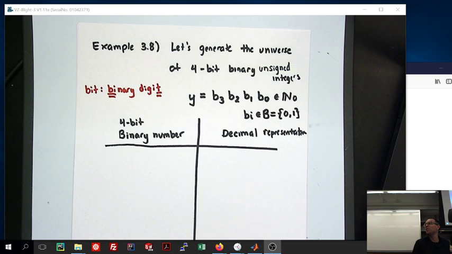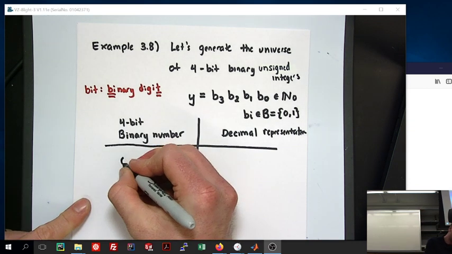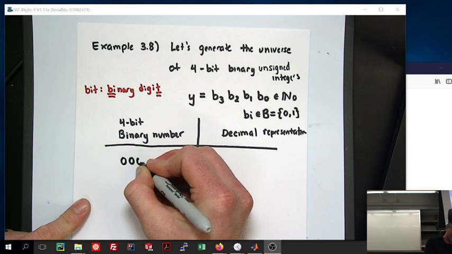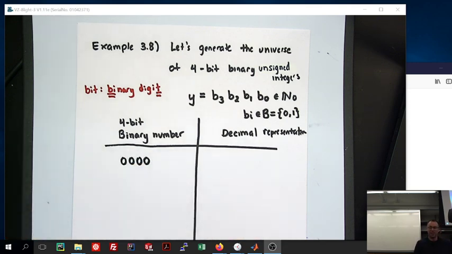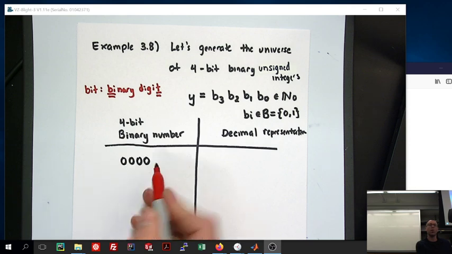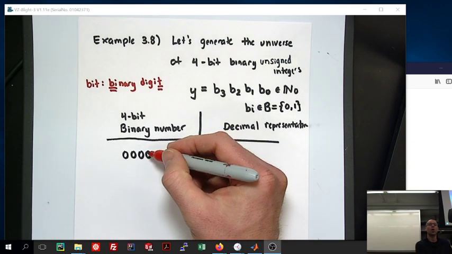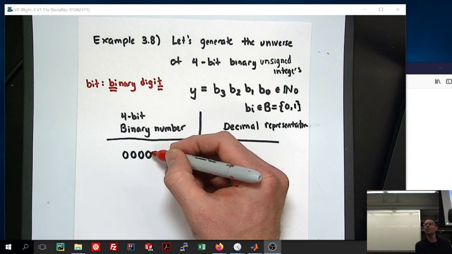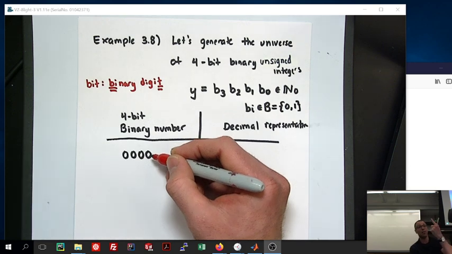Could you guess what the easiest string is to start with? Okay, count them. This is the leading bit, the most significant bit. This is the lower one. Let's count the powers of 2. The least significant bit, what's the power of 2 there? 0, which represents in decimal the number 1.